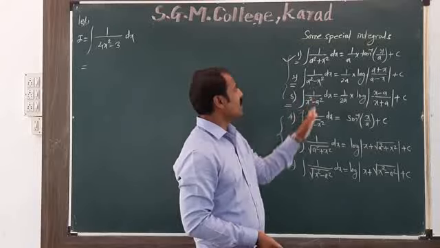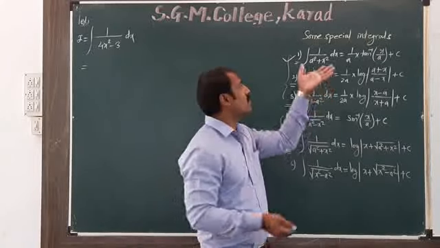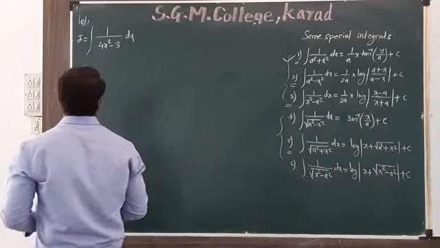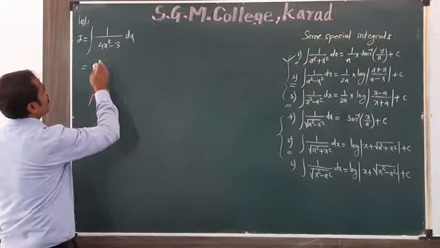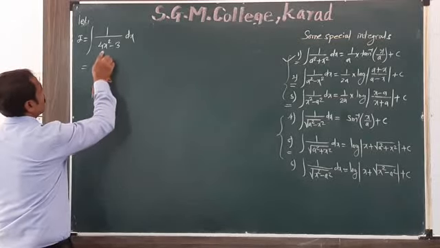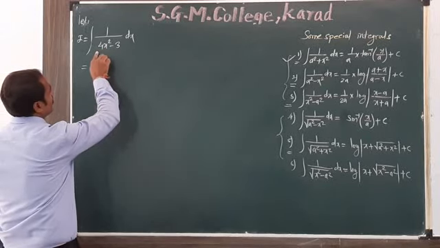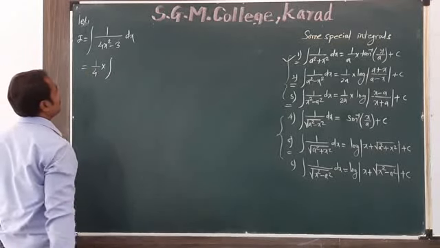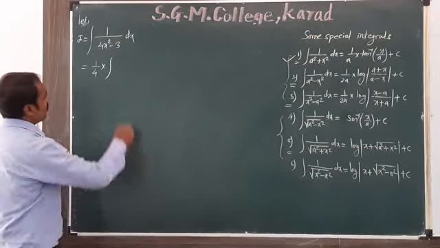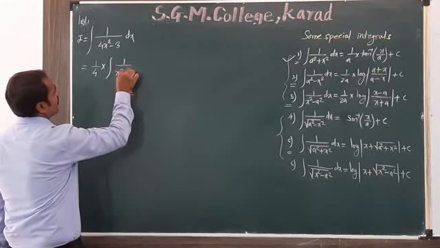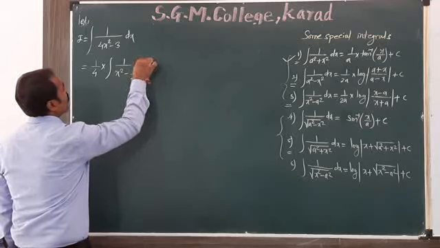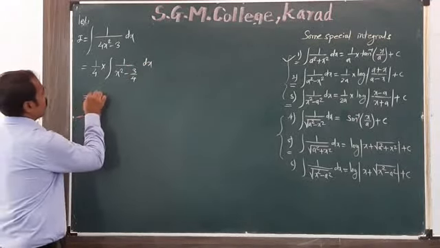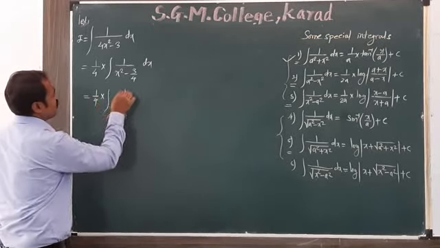So the formula is, I think this example is on special integrals, so I can solve this by making the coefficient of x square unity. So taking common 4 from the denominator and taking common 1 upon 4 from the integral side, we write this as I is equal to 1 upon 4 as it is into integration of 1 upon x square minus 3 divided by 4 dx.